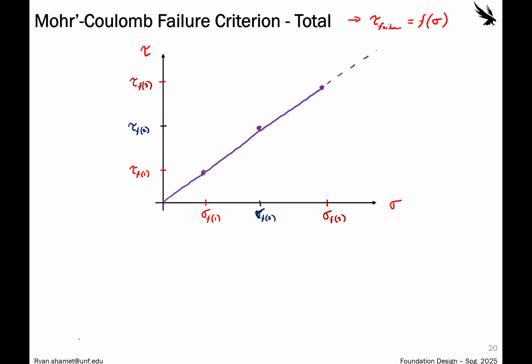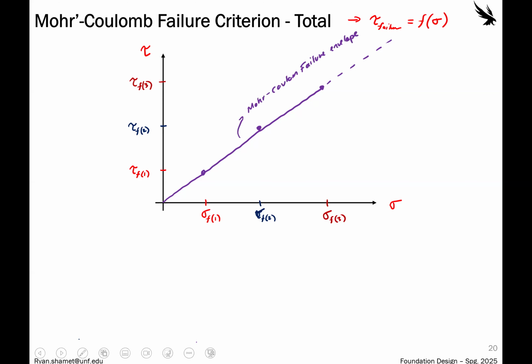And this linear function can extend out forever there. And so this is called the Mohr-Coulomb failure envelope.